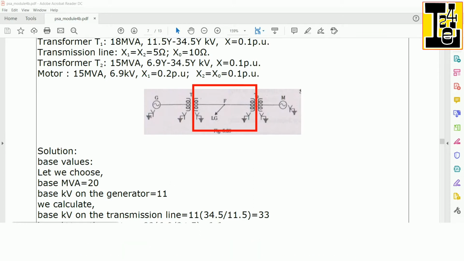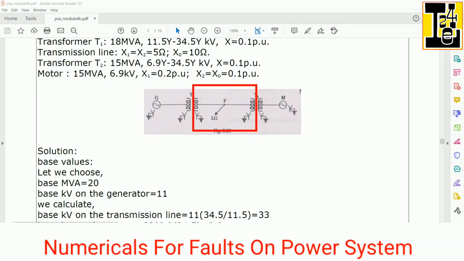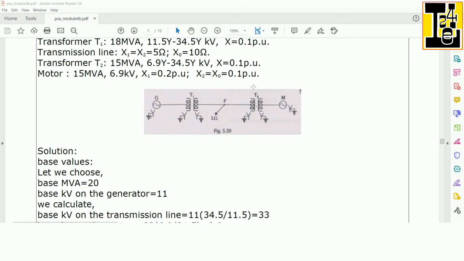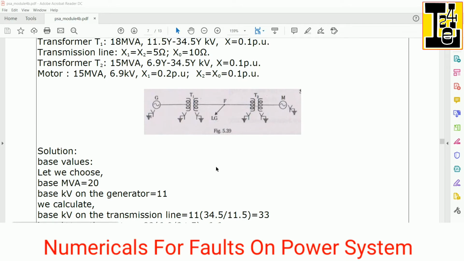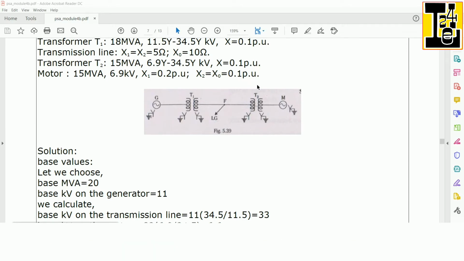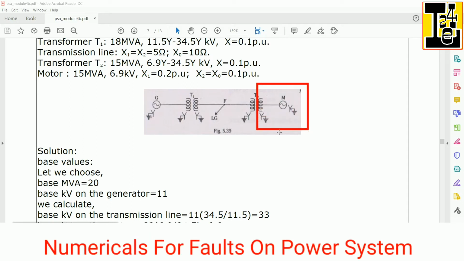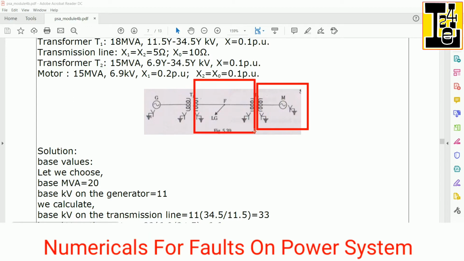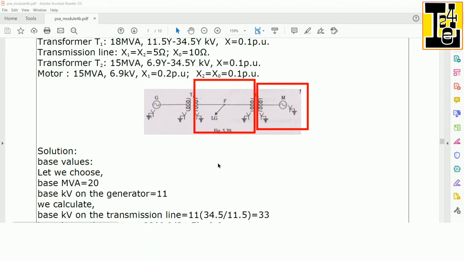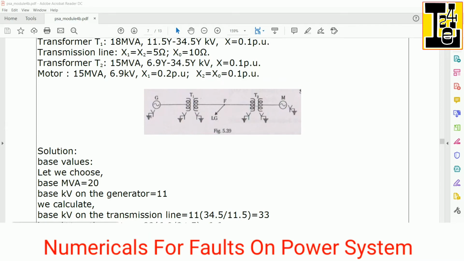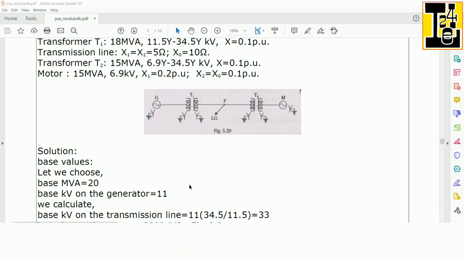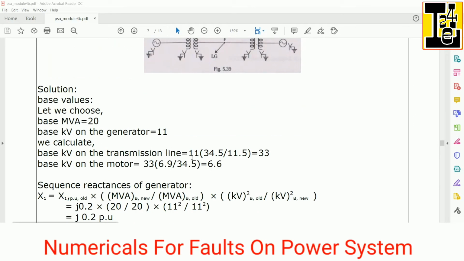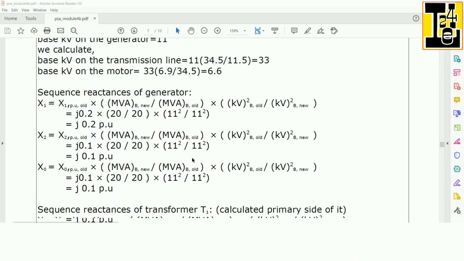Further, after calculating the base voltage at this point, we can calculate the base voltage at the T2 secondary side, that is at the motor side, by means of the calculated value at the transmission line. So this is how we can calculate the base voltages at the different regions of the power system by means of the transformer ratio formula.